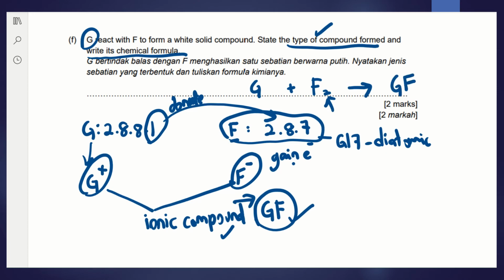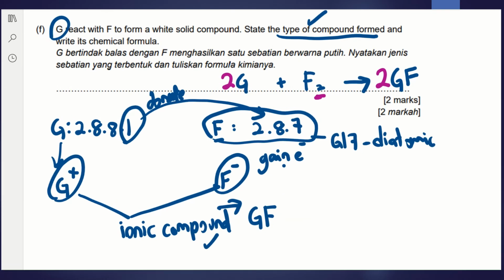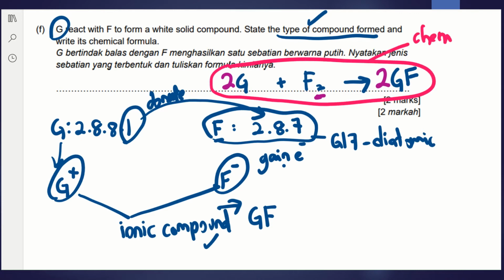To balance the chemical equation, since fluorine is 2, we write 2 in front of GF, so we need to write 2 in front of G. So this is the chemical equation. If the question asks you to write its chemical formula, you just write GF. But if the question asks you to write the chemical equation, you choose this one.